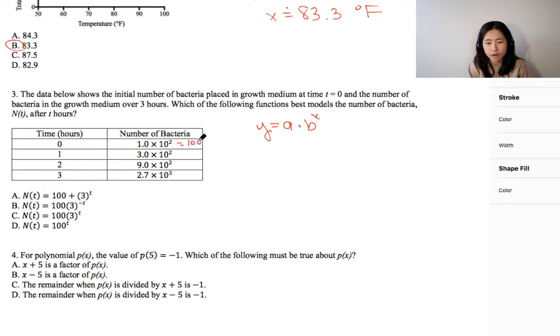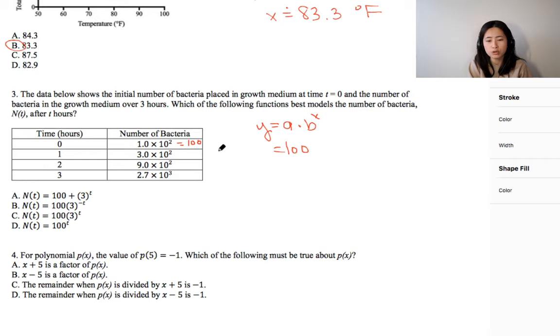So this is just expressed in scientific notation, and then we just have to move your decimal point, or multiply this by 10 to the power of 2, so we get 100. So that's our initial. Sometimes you call this a naught in some textbooks, and then you have your b raised to the power of x. So that is your factor, right?